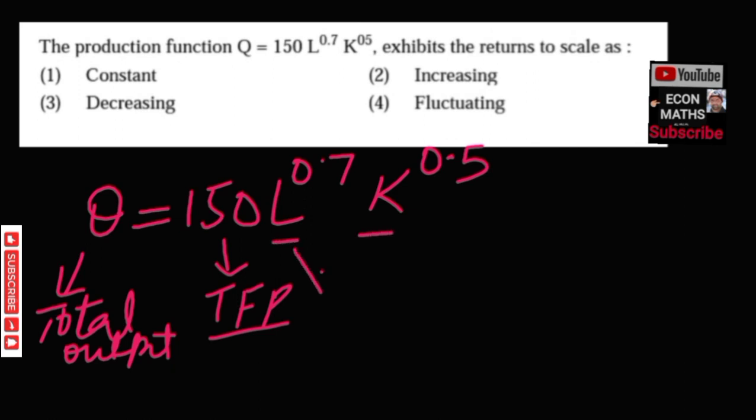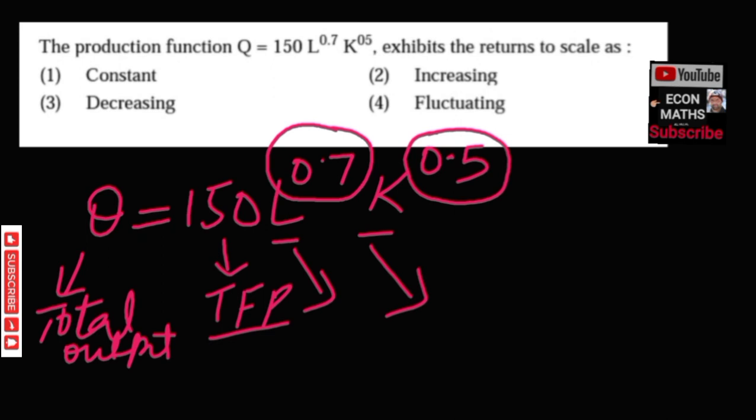Here this L is the labor, K is the capital. Here we are interested in these two exponents to see whether the given production function has constant, increasing, or decreasing returns to scale.